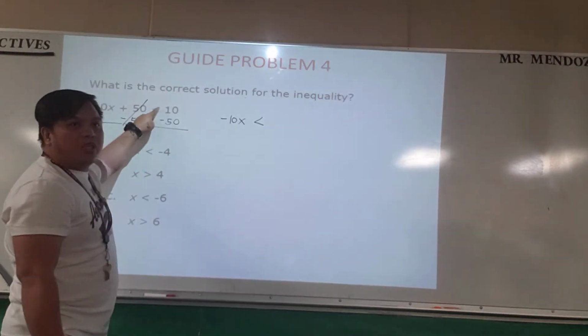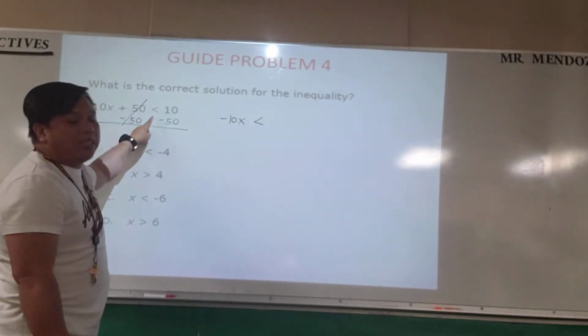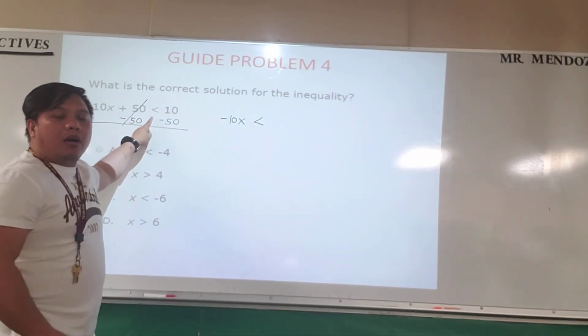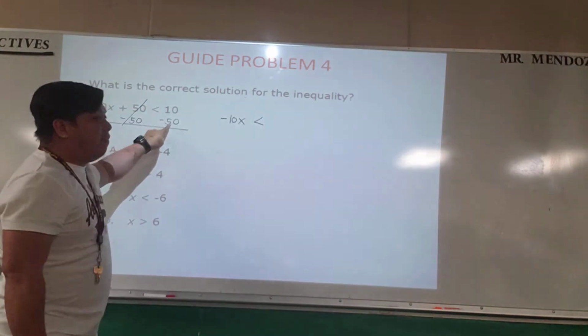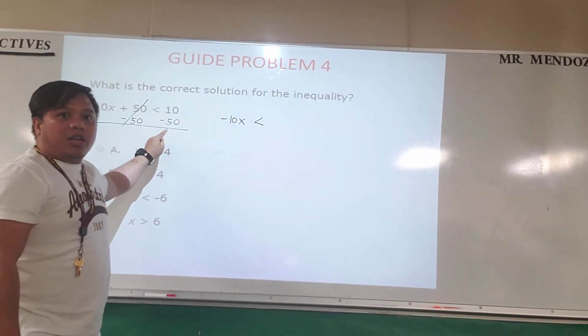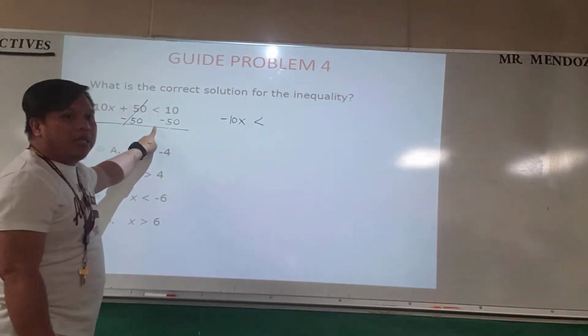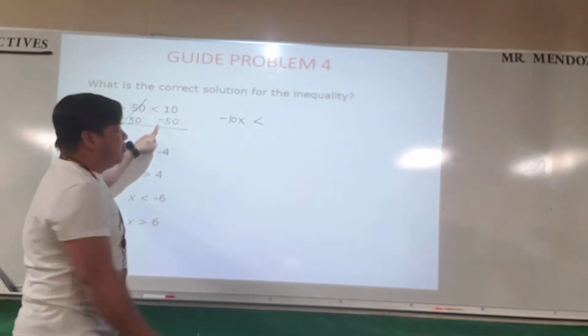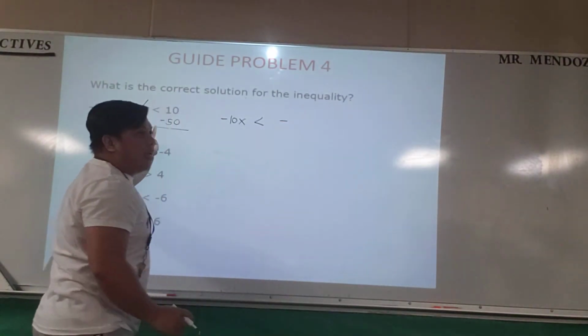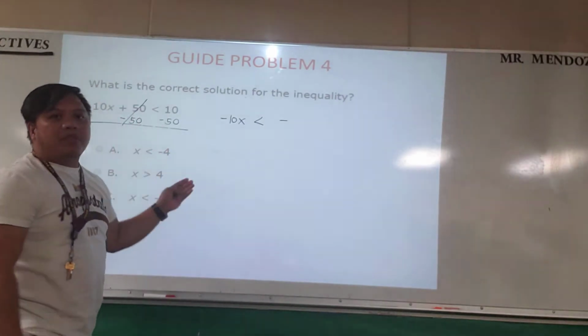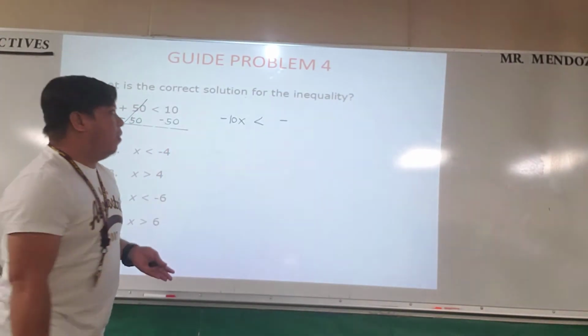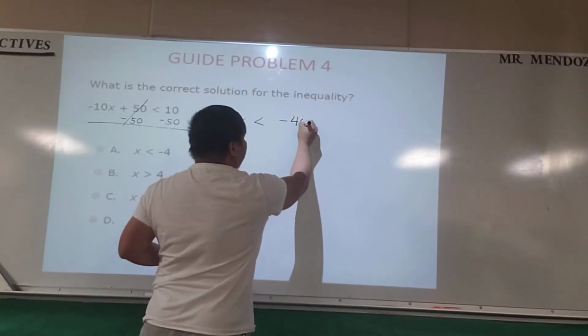Which of these two is the higher number, despite their signs? Is it 50 or 10? It's actually 50, so you copy the sign of 50, which is negative. Then you subtract: what is 50 minus 10? It's 40. So that's negative 40.